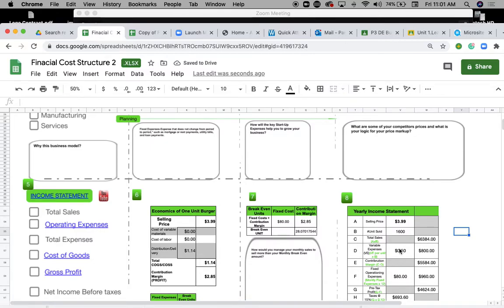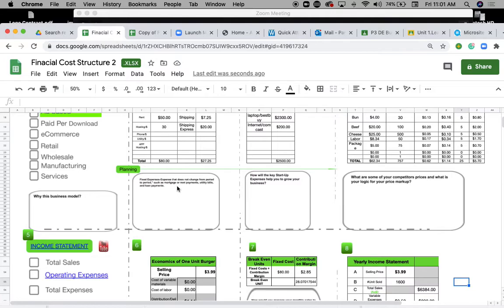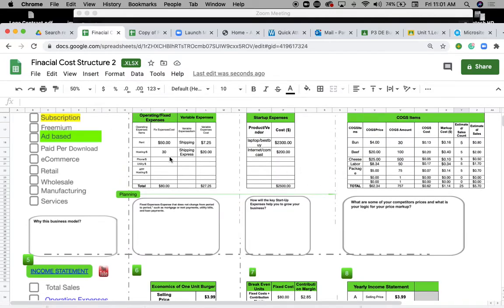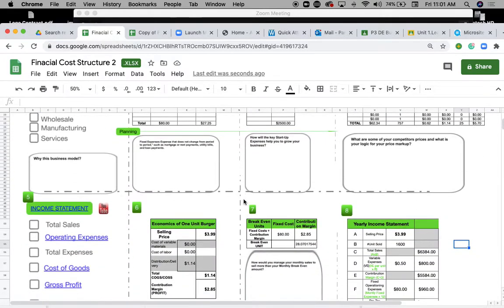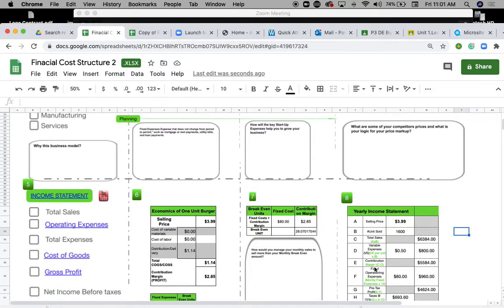Okay. Now, variable expense. If you look, the green tells you the formula. A times B gives you this. Let's look at variable expense per unit. It was what? Variable expense was 50 cents. You come back, you add 50 cents.